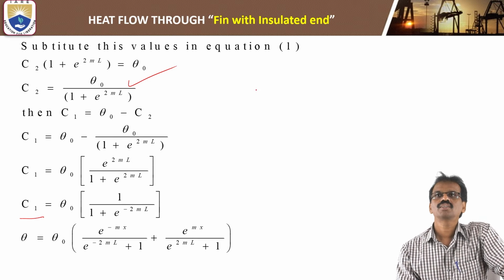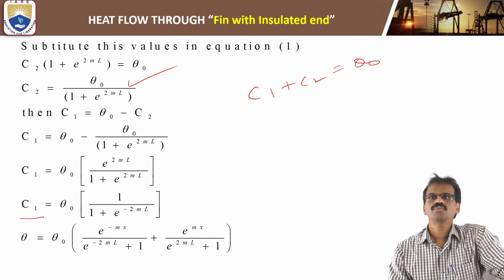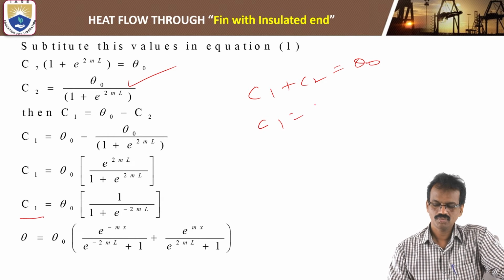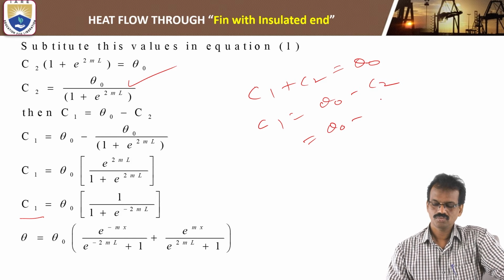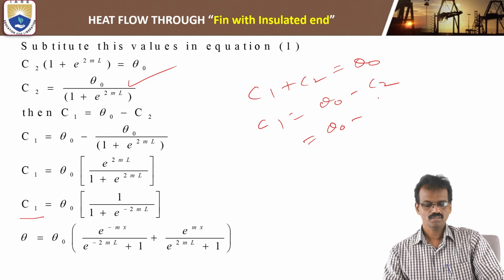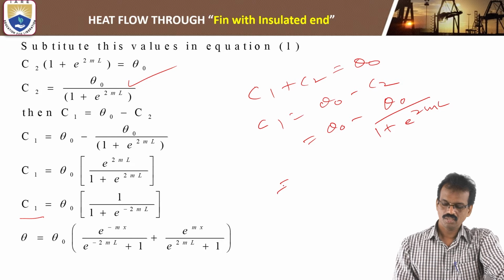You know the formula c1 plus c2 is equal to theta naught. Then how to find this c1 value? c1 is equal to theta naught minus c2. c2 we already got, theta naught by 1 plus e to the power of 2ml. Here theta naught is the common term.